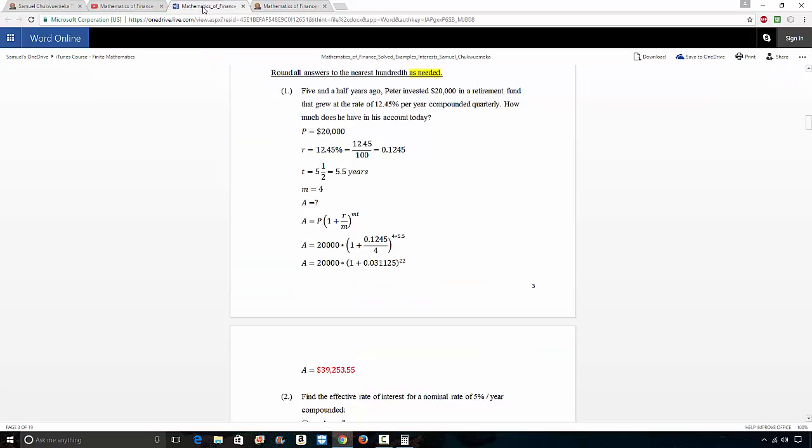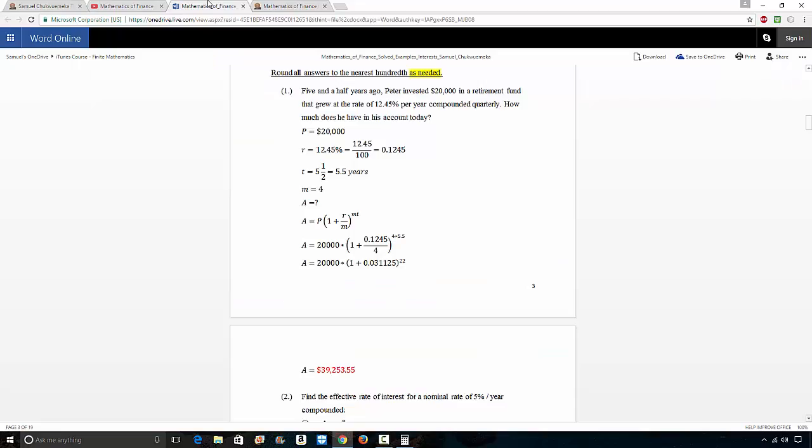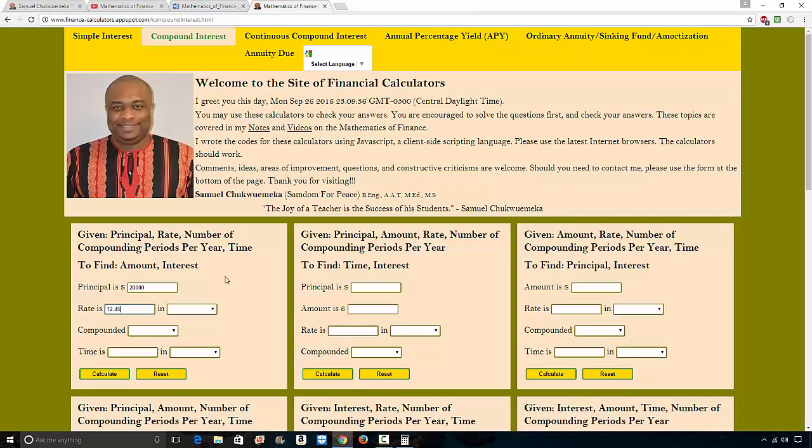The principal was 20,000. Rate is 12.45%, compounded quarterly. So this is 20,000. Rate is 12.45, right? 12.45%, compounded quarterly.